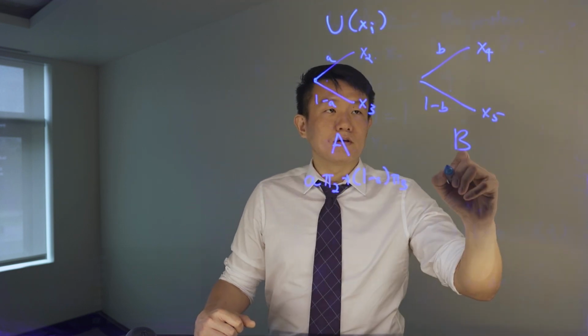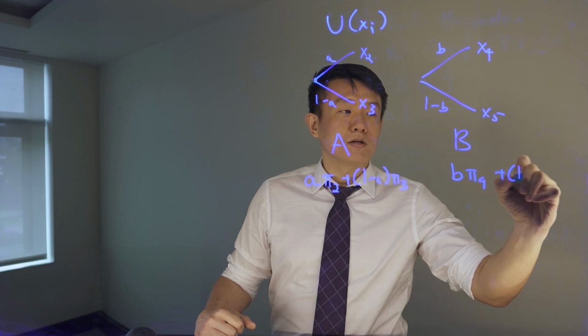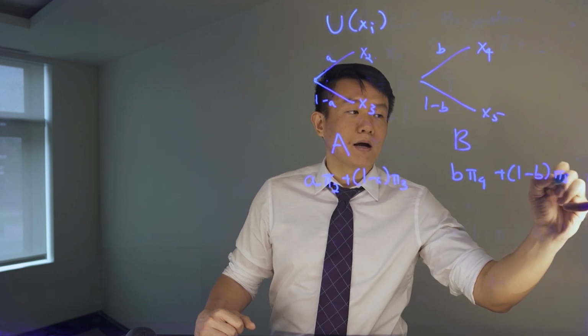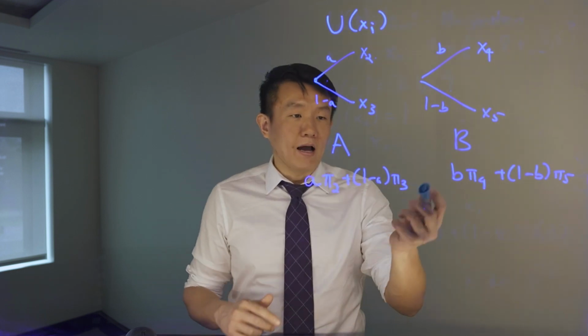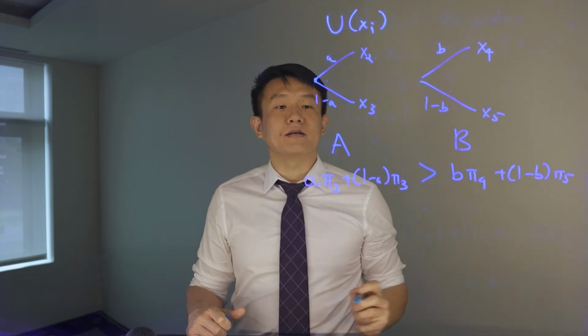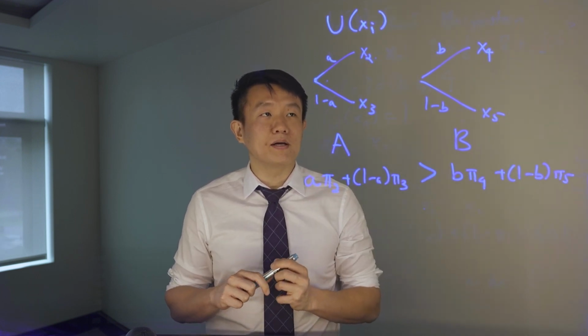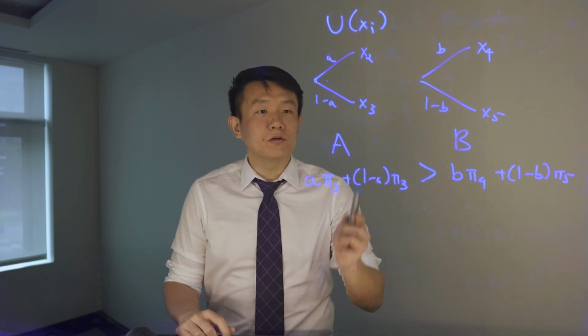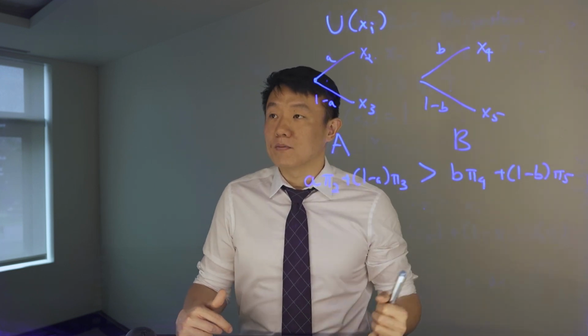The expected utility of B is going to be B times pi 4, plus 1 minus B times pi 5. If, as in this case, we have that the expected utility of A is higher than the expected utility of B, that means that if we're presented with these two options, I'm going to choose A over B.